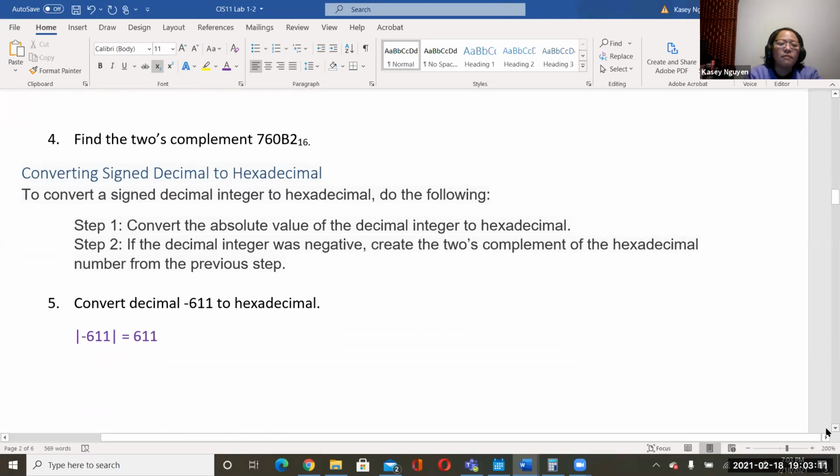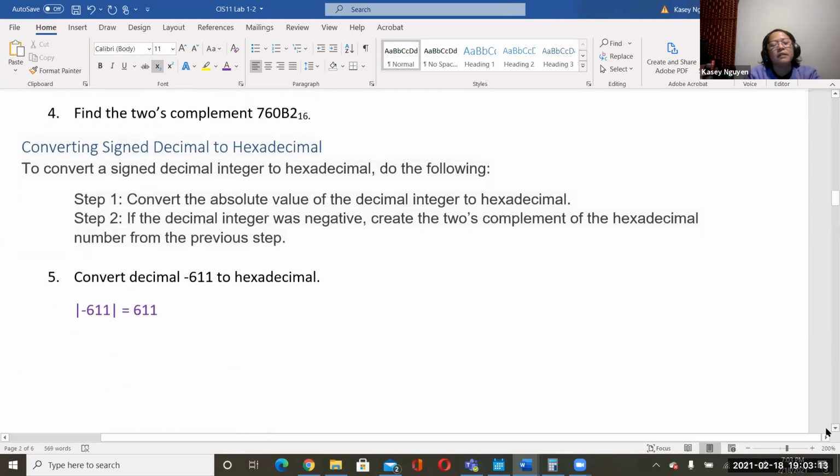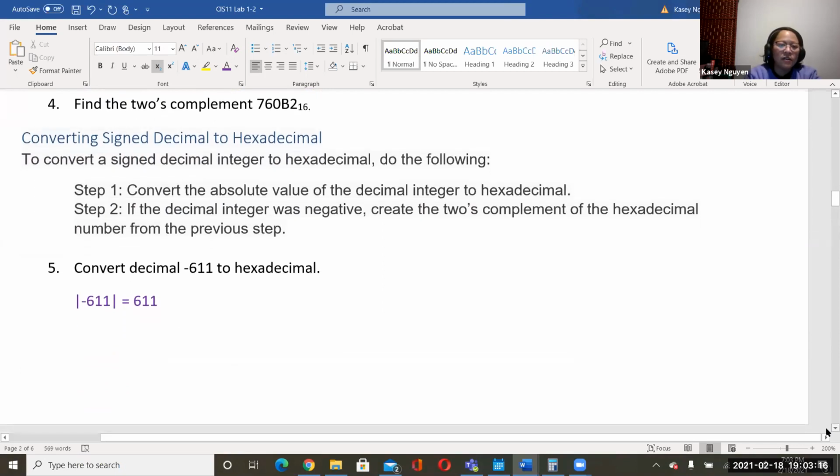So for number 5, it says convert the signed decimal integer to hexadecimal. Do the following. First step is to convert the absolute value of the decimal integer into hexadecimal.